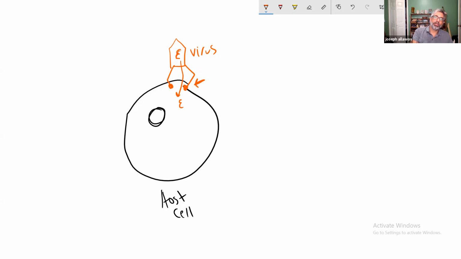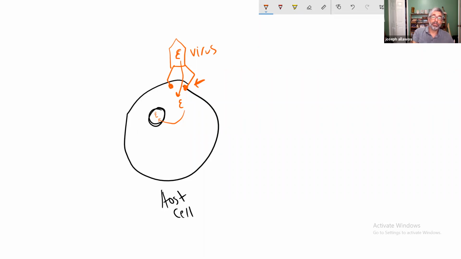And at that point, this part is kind of irrelevant. It's just a bunch of proteins. It's just an empty shell in a sense. That little piece of genetic material then makes its way through a nuclear pore and into the nucleus of the cell and becomes incorporated into one of the chromosomes of the host cell. At that point, that little piece of genetic material takes over.